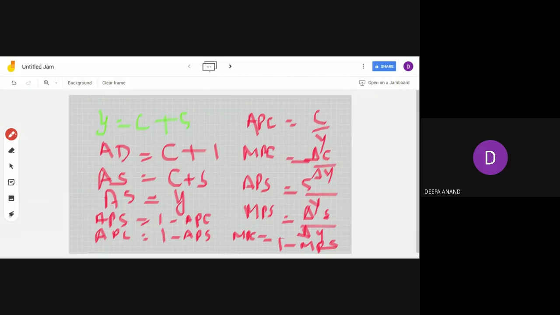So the question: income is given in the first column. Write the incomes 0, 20, 40 and 60.